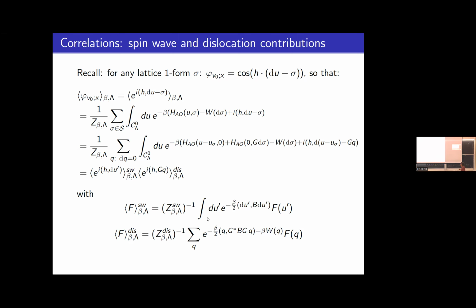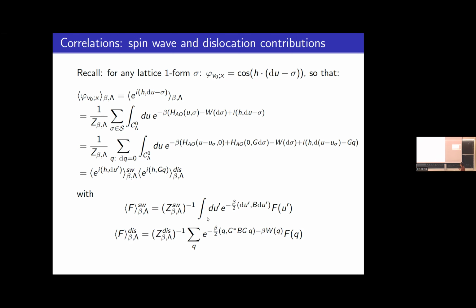Okay, so remember what our goal is. We want to compute, for instance, the 1-point function, the average of the cosine. So you write the cosine in the exponential form, and noticing that the Gibbs measure is even under an appropriate parity operation, you see that the contribution of e to the plus i is equal to the contribution of e to the minus i.